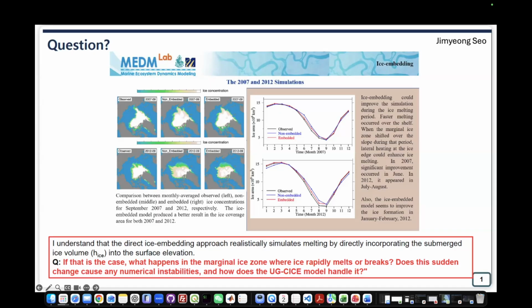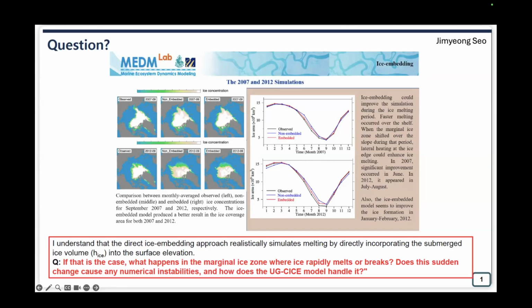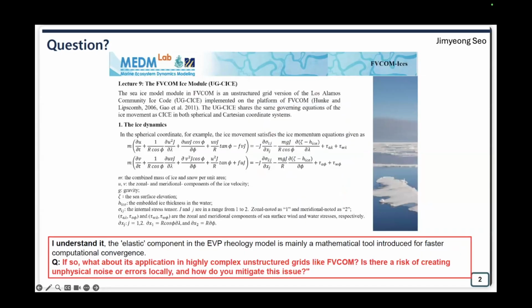I wonder if the ice embedding method has some cost, numerical instability, or other problems. That is my first question. I think I can address your question. I will also find a paper to show you about that.